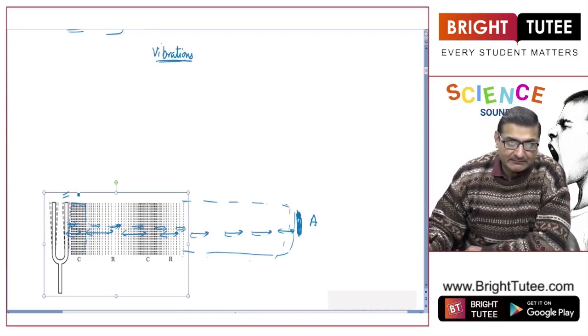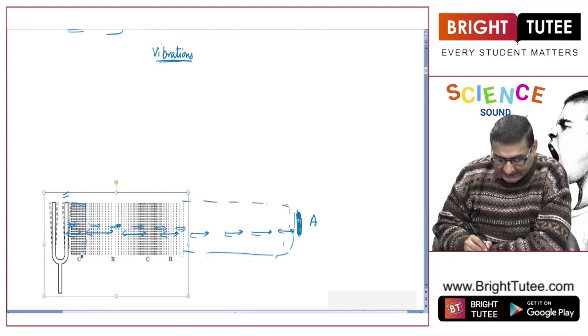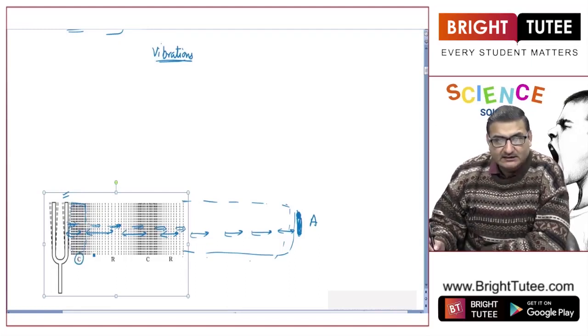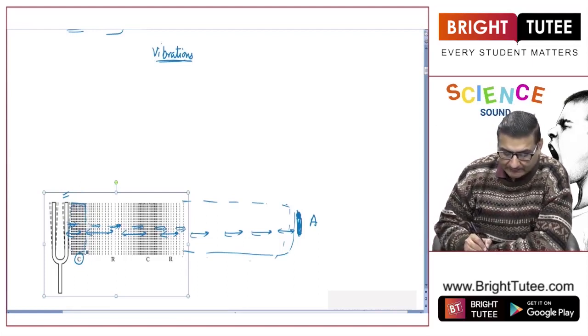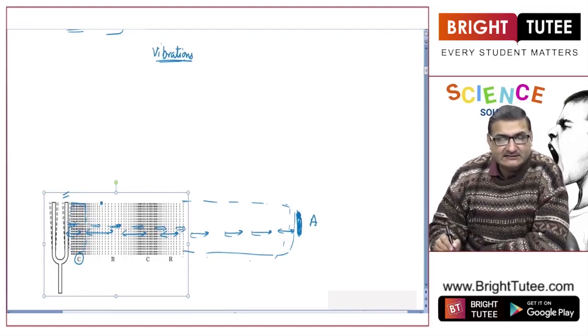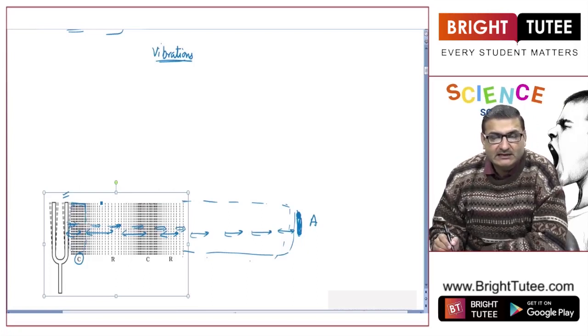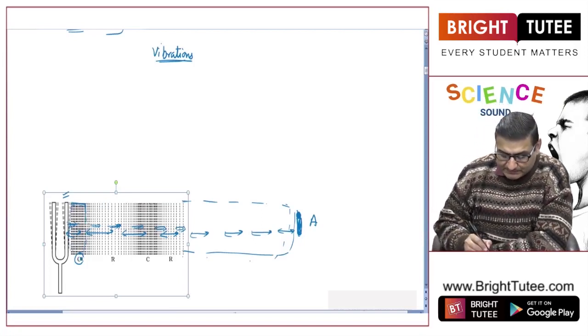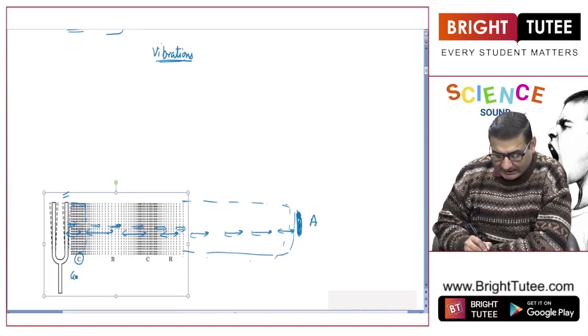Now a very important part is the momentary increase in the density of this particular part. Increase in density means the particles are closer to each other as compared to normal. This particular part is known as compression. So what is compression?